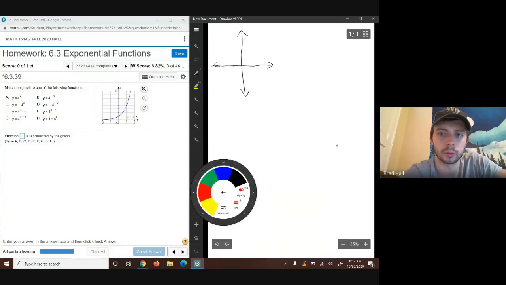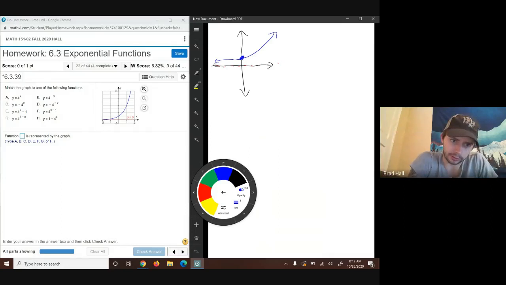There's a horizontal asymptote here, and then the exponential function does this with the y-intercept right here. We might already notice that the graph here looks a lot like this. In fact, it might even be precisely the exponential function without any transformations whatsoever.